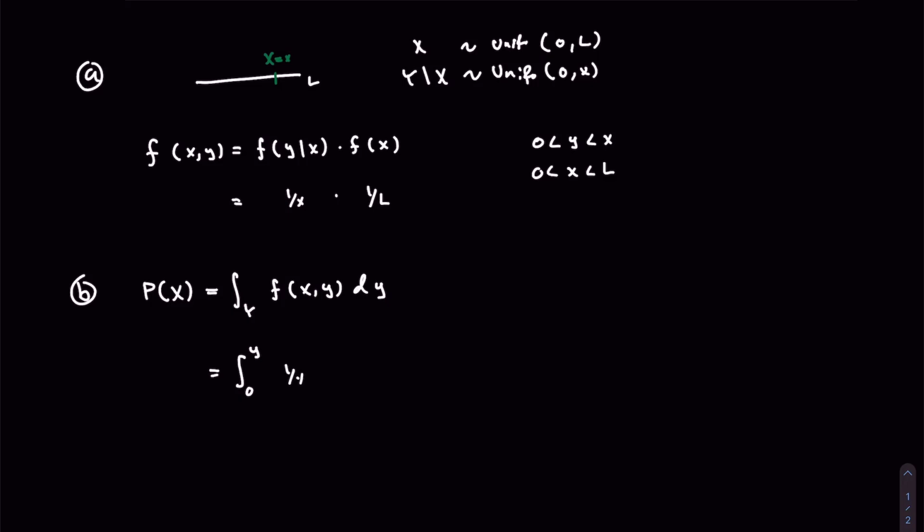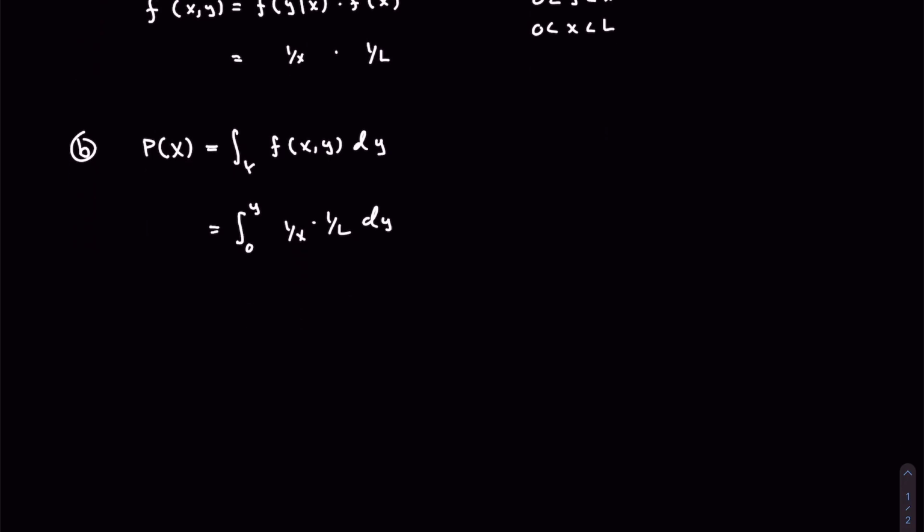The joint PDF was just exactly that, and now we have no y's here, so we can treat 1 divided by x and 1 over L as constants. So we go from 0 to x, like so.